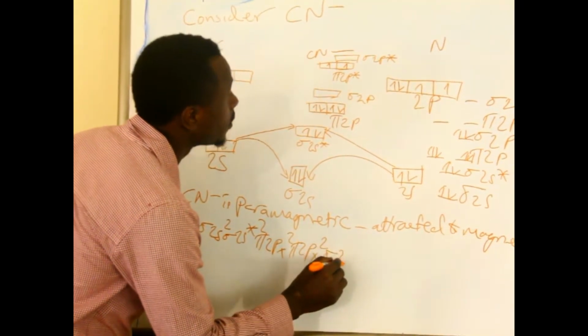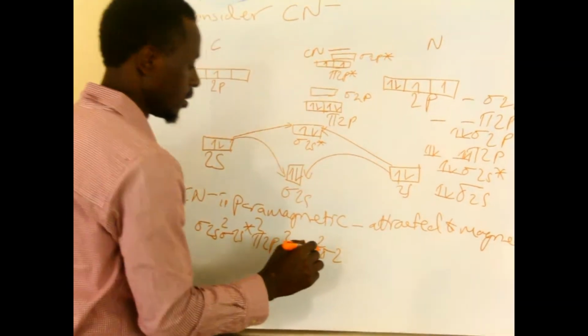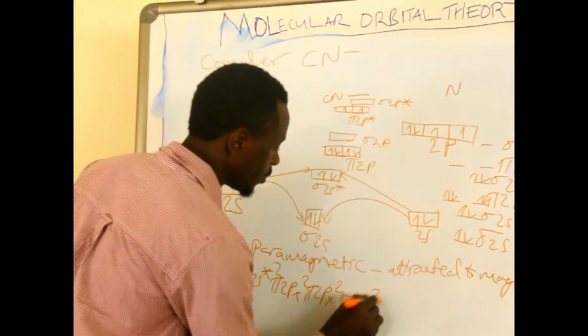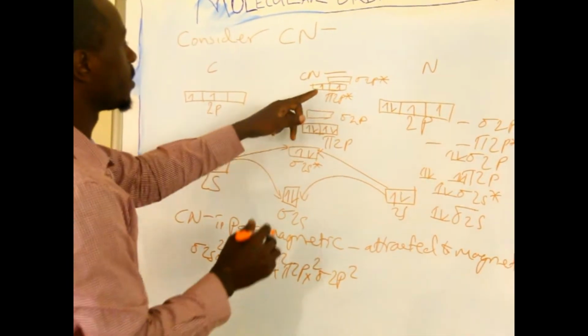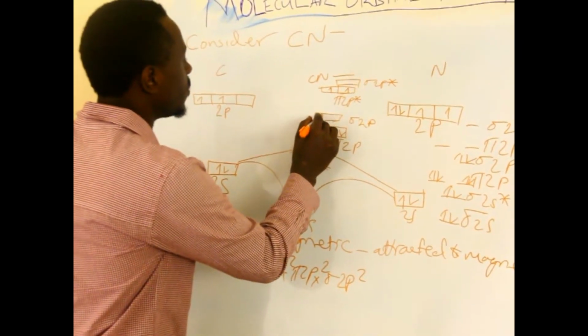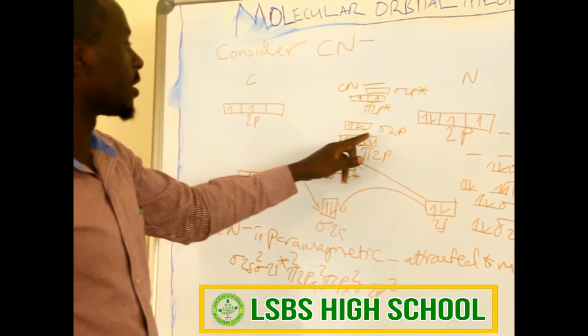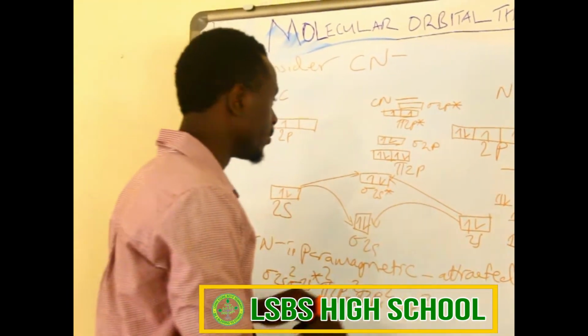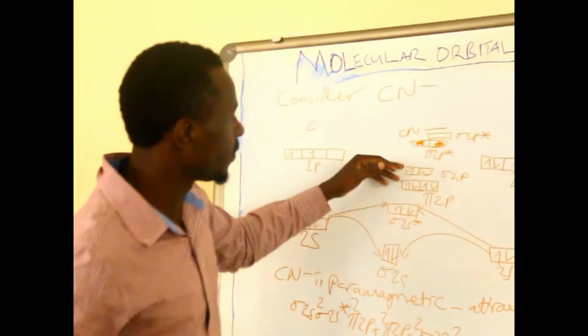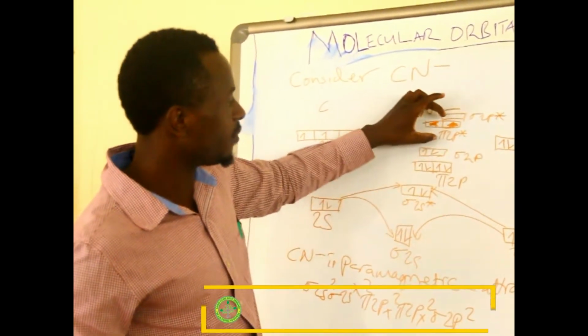Then sigma 2p 2. These electrons should be filled on this orbital first before this one.